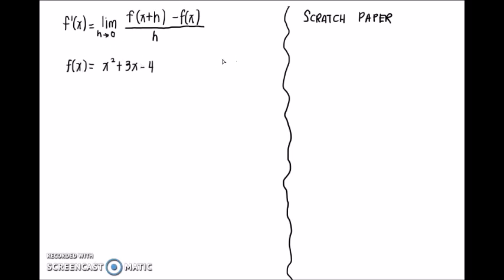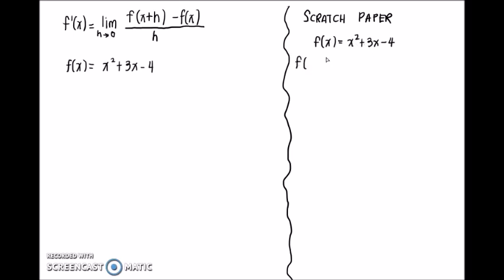So again, let's start with f of x equals x squared plus 3x minus 4. And we will have to substitute x plus h to all of the variables x on this function.